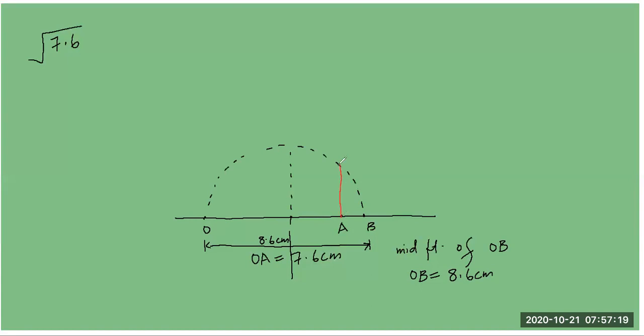The perpendicular touches the semicircle at a point, let's say Z. So AZ would be equal to under root 7.6. Then with the length AZ, draw an arc here. Let's say this is point P. So AP is also equal to under root 7.6. This distance is equal to under root 7.6. So this is the way, students, you'll be completing the squares.